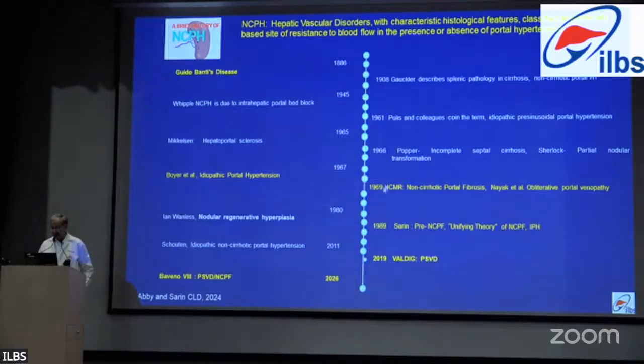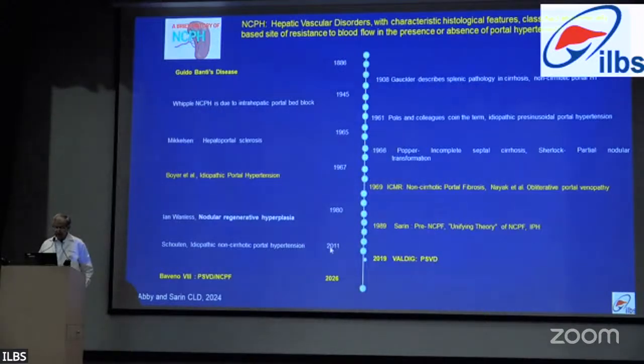And this was the most important landmark work by ICMR, which gave the term non-cirrhotic portal fibrosis, with Dr. Nayak leading it. And Ian Wanless gave nodular regenerative hyperplasia, and we gave non-cirrhotic portal fibrosis as pre-NCPF, and gave a unifying theory.